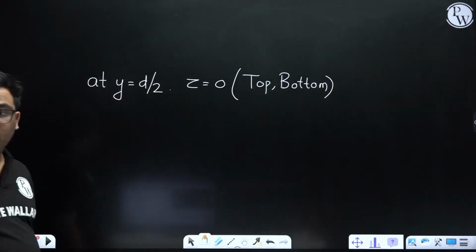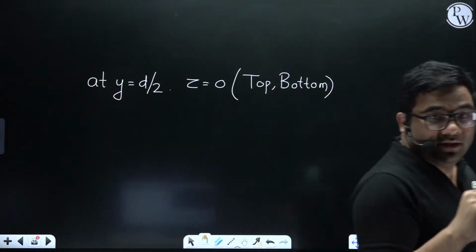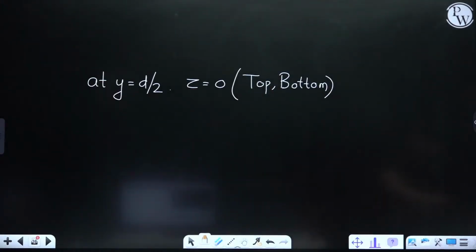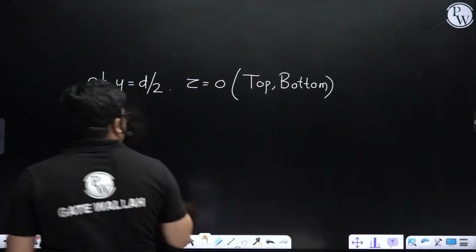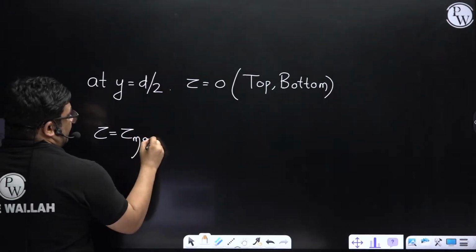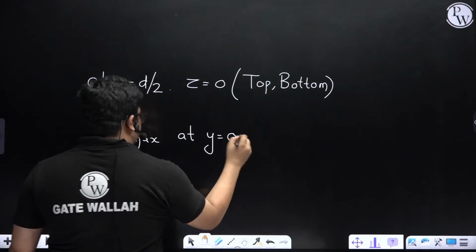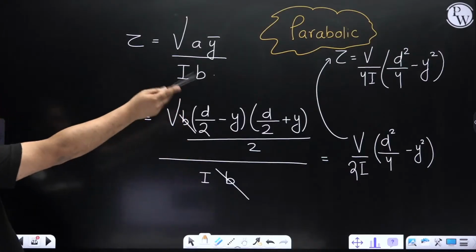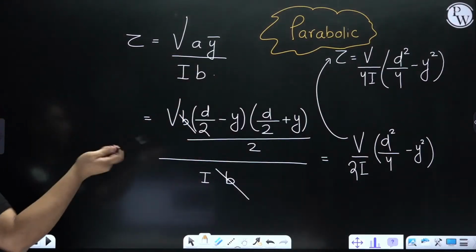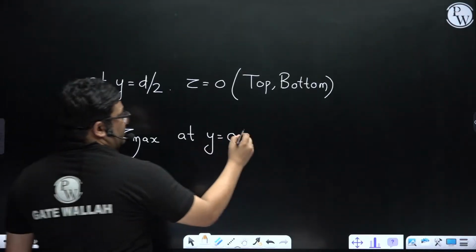Whereas if you remember, bending stress was 0 at the neutral axis, here it is 0 at top and bottom, right? And where will you get the maximum? Shear stress is maximum when y is equal to 0. When y becomes 0, since it is minus y square, y being 0 means minimum value, then that will be maximum, and we get the maximum shear stress.